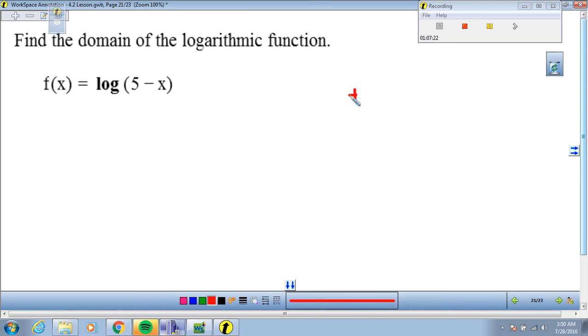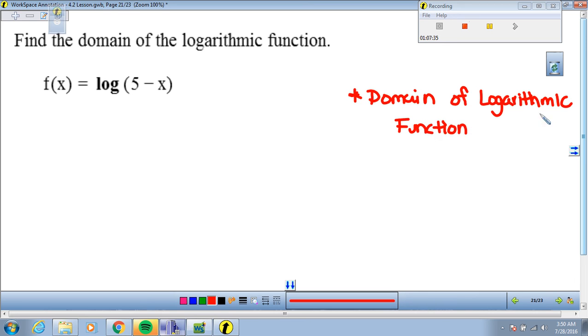I'm going to put here: restriction on domain of logarithmic function.